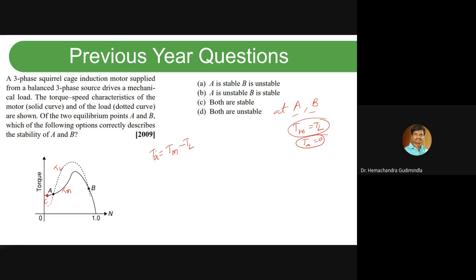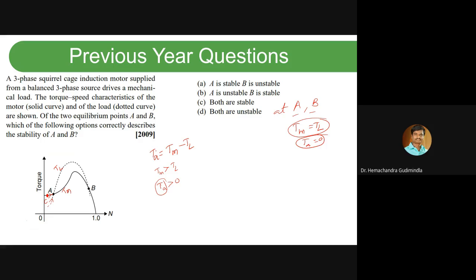Tm is higher than TL, Tm is greater than TL. Then Ta is greater than 0, so we get some positive value. Acceleration is positive, which means it will move towards this direction. So it will reach point A and settle down at point A. So A is an equilibrium and a stable point with respect to this point.